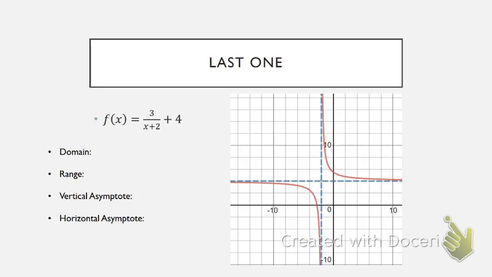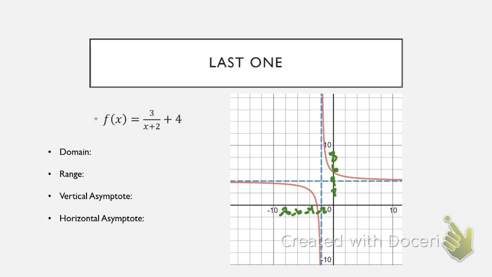Last one, and we'll put it all together here because this has a bunch of transformations. So domain, again, domain is any x value that I plug in and it causes issues. And if you notice, because this graph is kind of big, the scale got all messed up. So these count by 2s. That's a side note.